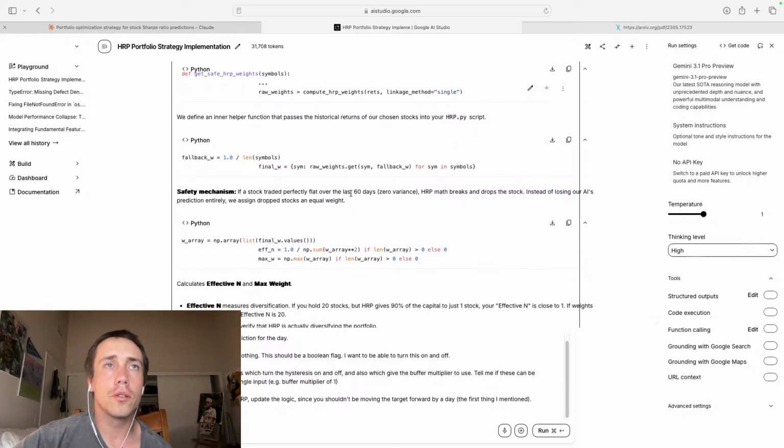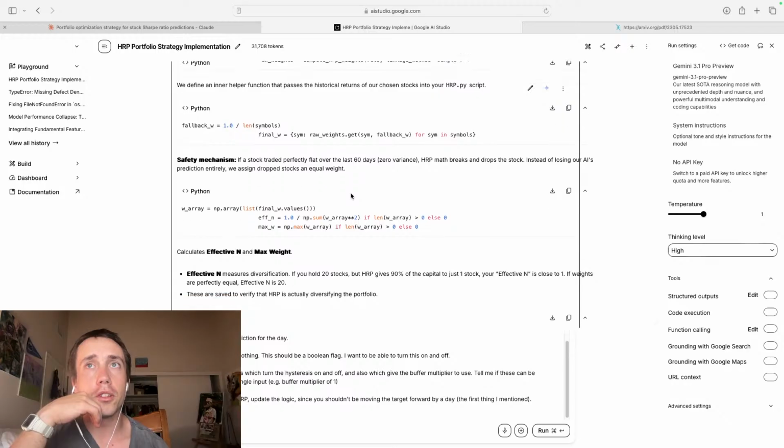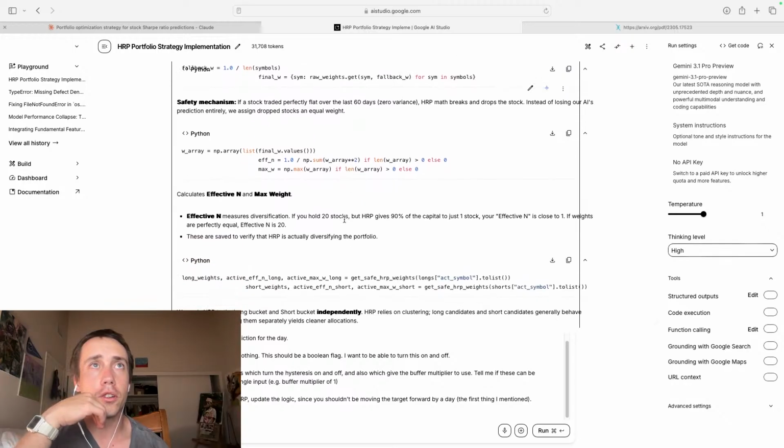So then we get historical returns of the stocks. If a stock traded perfectly flat over the last 60 days, HRP math breaks and drops the stock. Instead of losing our AI's prediction entirely, we assign dropped stocks an equal weight.